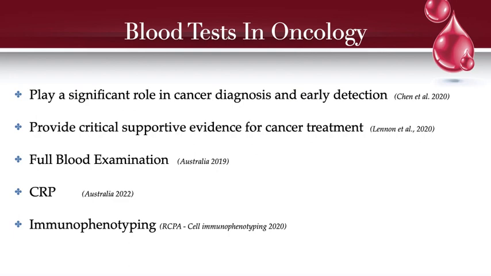Blood tests play an important role in diagnosing and treating cancer. Not only are blood tests useful in determining overall health, including kidney and liver function, but the presence of certain chemicals and proteins in the blood can also help diagnose cancer.